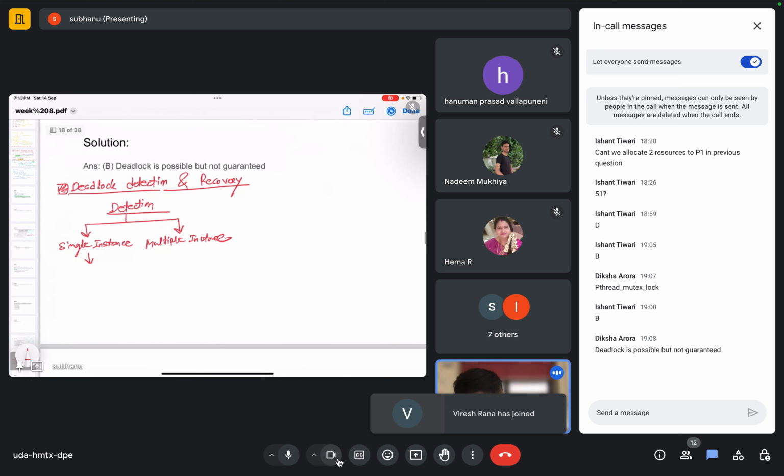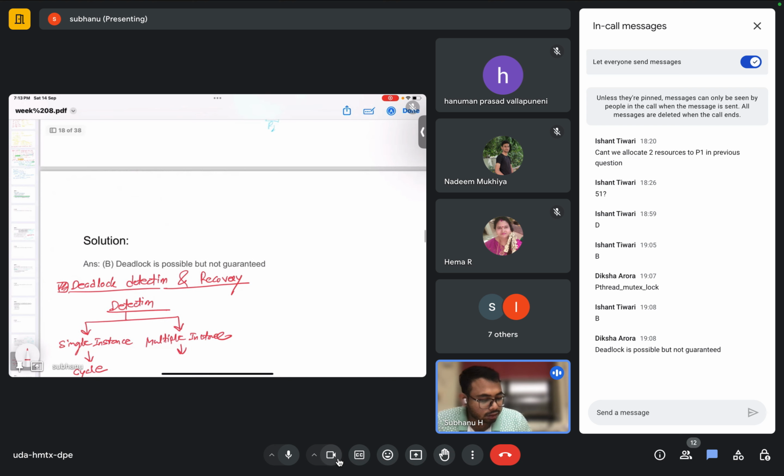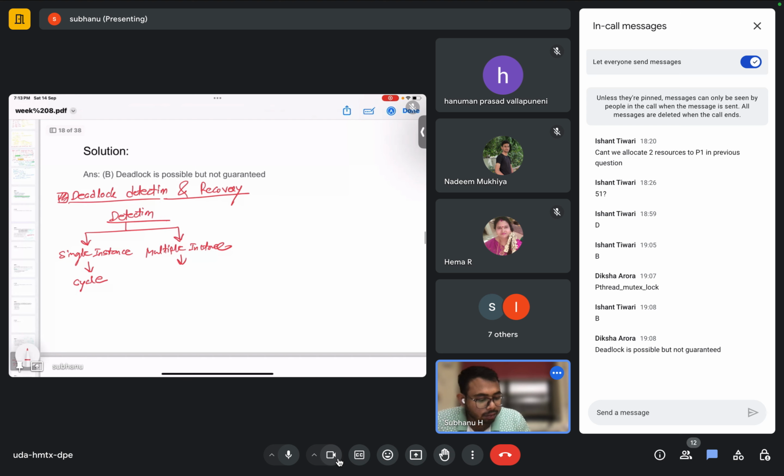For single instance you detect it by seeing whether there is a cycle or not, as in this scenario. If there are multiple instances, then you have to run some safety algorithm like banker's algorithm to check.